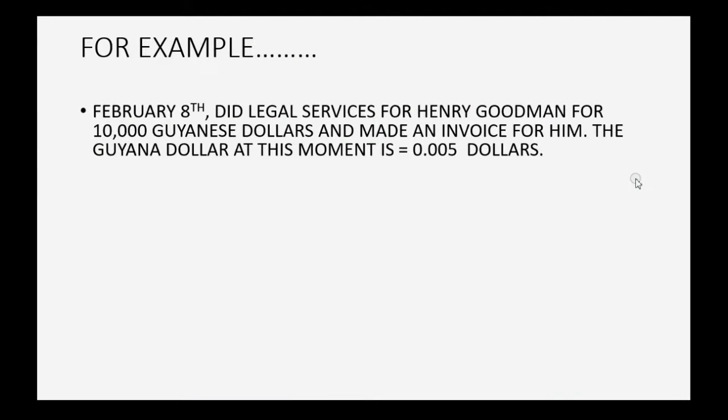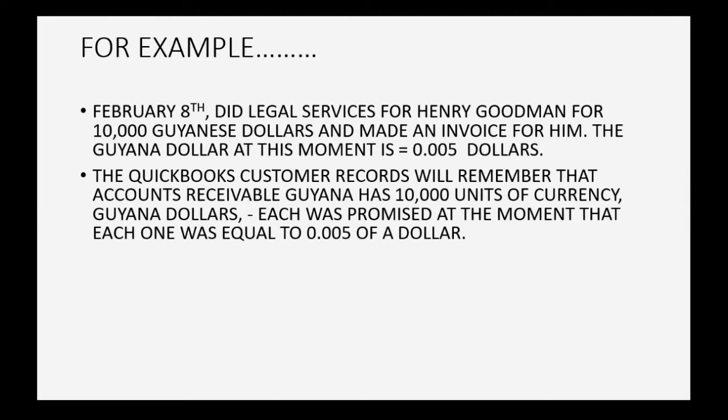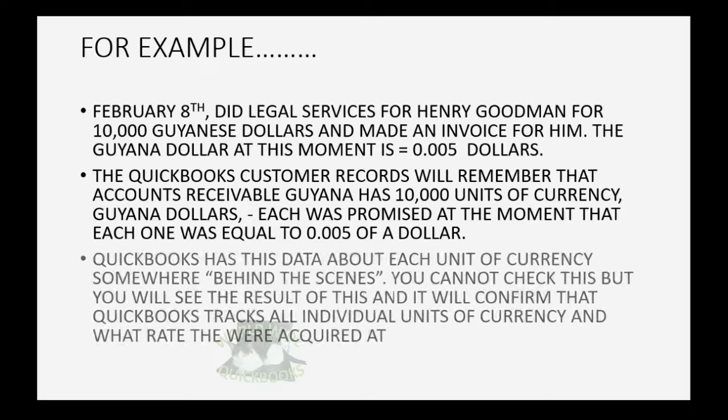The most important thing to learn regarding multi-currency in QuickBooks is that the QuickBooks customer records will remember that accounts receivable Guyana has 10,000 units of currency, in this case Guyana dollars, and each was promised to us at the moment that each one was equal to $0.005 of a US dollar.